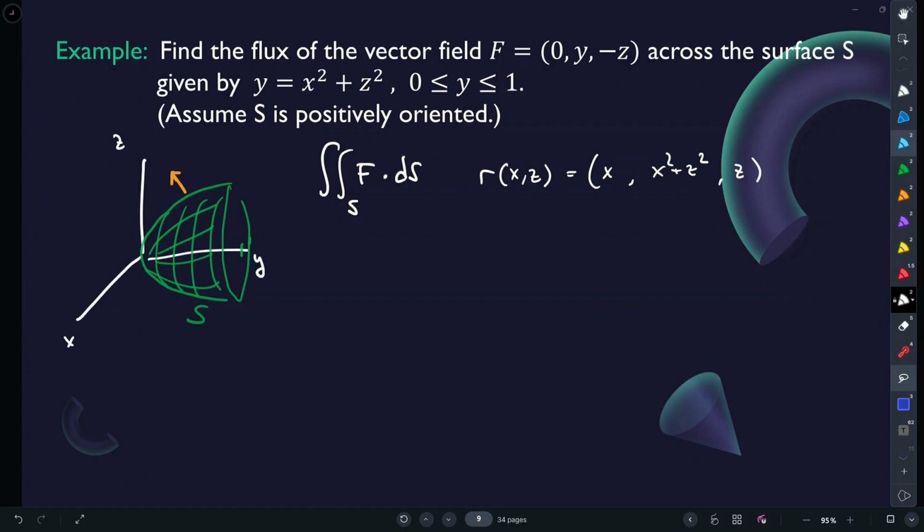Okay. Then I'm going to need the normal vector to this thing, so I need to find the partials, or the tangent directions. In the direction of x it is (1, 2x, 0), and in the direction of z, that is (0, 2z, 1).